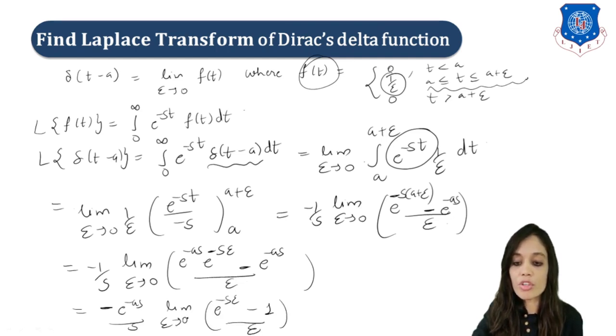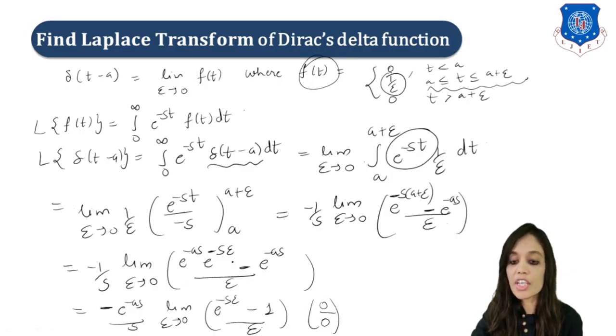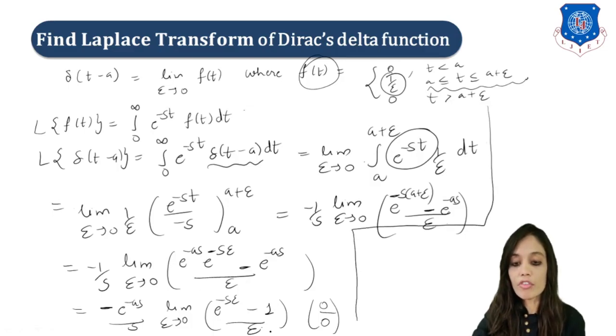Now if you put 0 over here in place of epsilon, you will have e raised to 0, that will be 1, 1 minus 1 is 0, and in the denominator also you will get 0. So this is an indeterminate form, hence we have to apply L'Hopital's rule, right? So let us do the derivative of numerator and denominator separately.